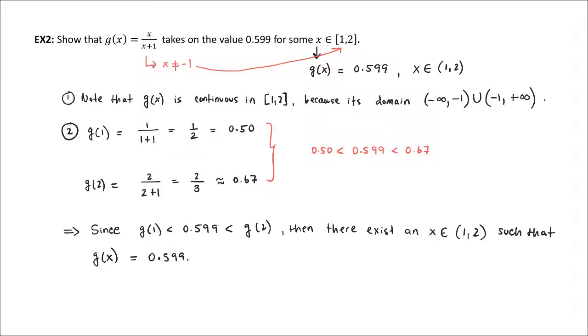And this fabulous conclusion happens by the intermediate value theorem. By the intermediate value theorem, we can now guarantee the existence of this x. This x exists such that g of x is equal to 0.599. And we know that x is going to be in the interval in question, the interval between 1 and 2.